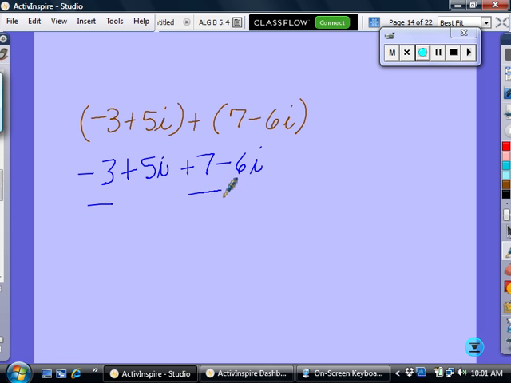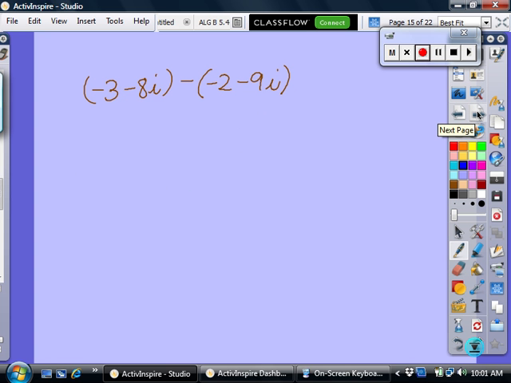But real to real, imaginary to imaginary. So 4 minus 1i. Combining like terms, really, isn't it? You good now? Okay.